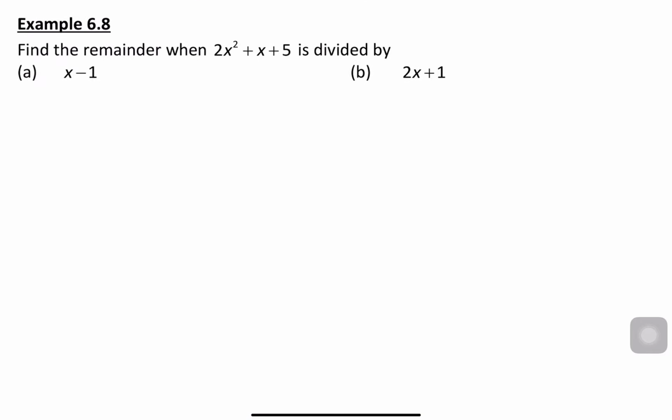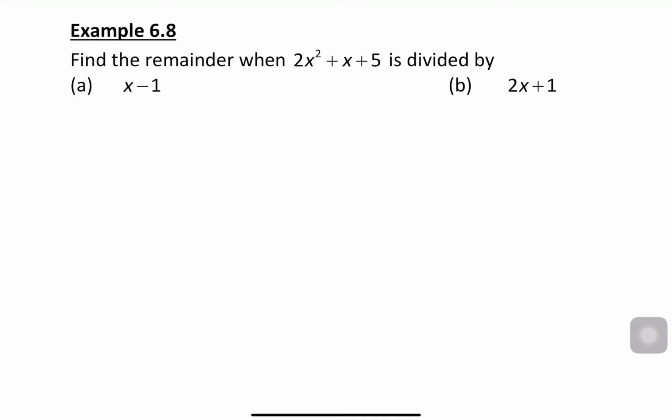Let's see some examples. Example 6.8. If I want to find the remainder only, I do not need to consider the quotient. I can use the above shortcut method. First of all, I will let f of x be the dividend. You need to think about the value of x such that the divisor is equal to 0. That means you consider x minus 1 is equal to 0.